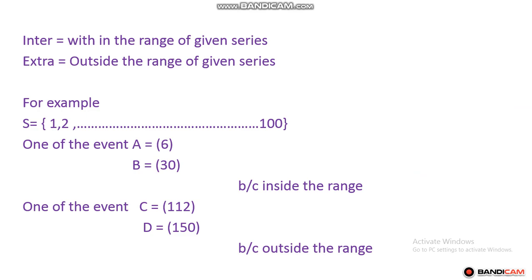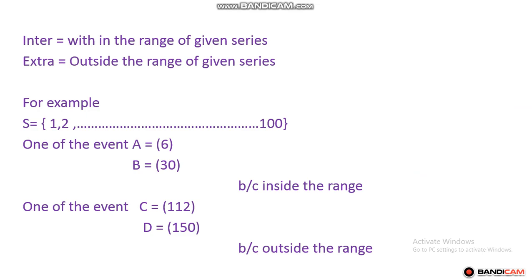So what is the definition of interpolation and extrapolation? Look at this slide. Interpolation is nothing but within the range of the given series, extrapolation is nothing but outside the range of the given series. So what is within, what is outside? Let me discuss a small example.